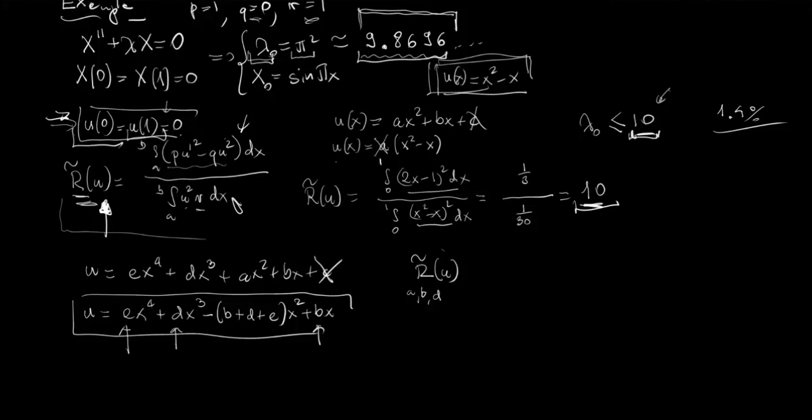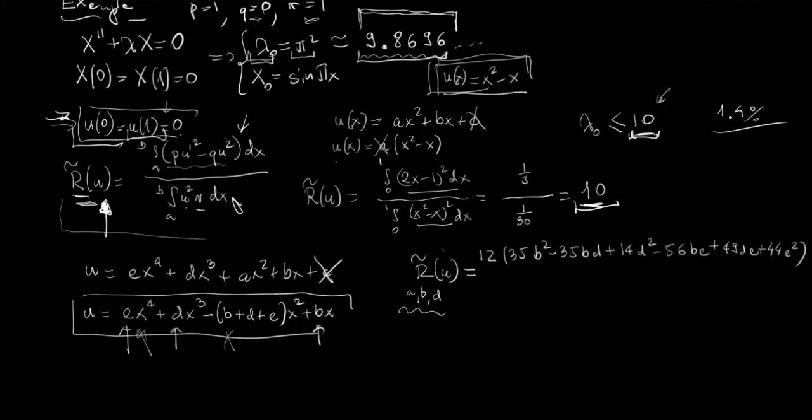So we can now optimize our function to get the value of R of u the smallest possible, and then we will know that our lambda 0 is smaller or equal to this minimal value of this function of e, b, d. If we just calculate these two integrals, believe me or not, you can do it yourself, I did it.